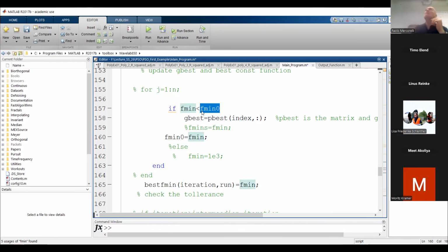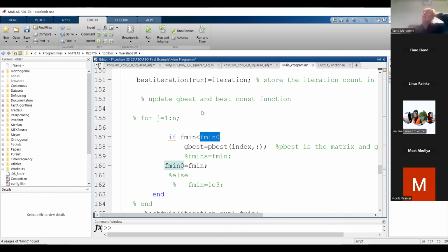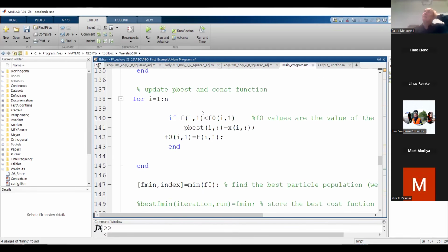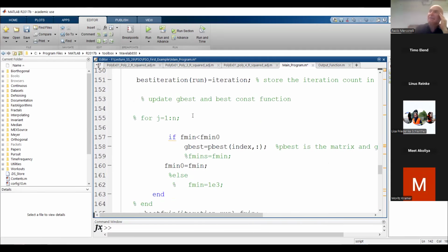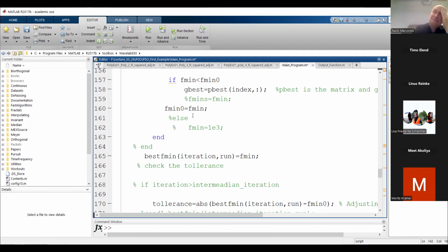You remember F means 0 as F0, this was also present at the beginning in the initialization phase. We are almost at the end because now we have P-best and G-best.